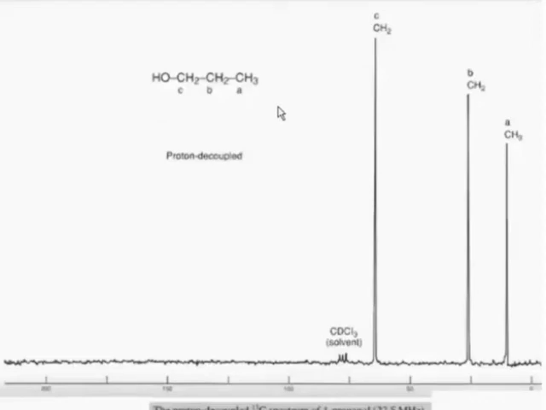But when decoupling is carried out, that information is no longer retained. There's no longer a relationship between peak size and the number of carbons producing that signal. Instead of seeing 3 equal size peaks for this sample, they have different sizes. And the sizes can really vary all over the place. They could be small, medium size, or large. One just has to accept that.